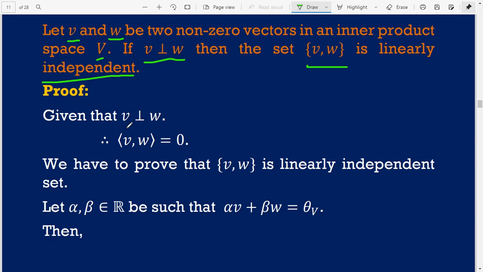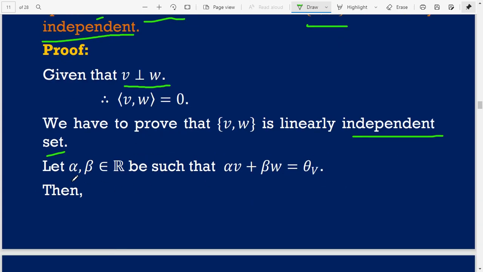So we are given v and w non-zero vectors, and v is orthogonal to w. So the inner product of v with w is equal to 0. We have to prove that the set {v, w} is a linearly independent set.